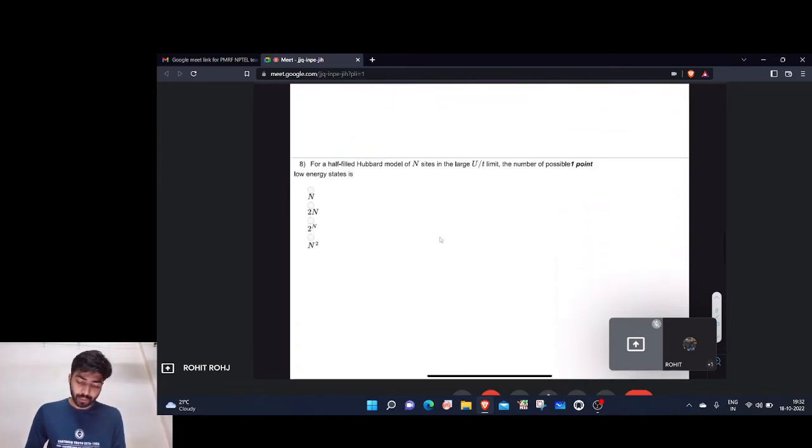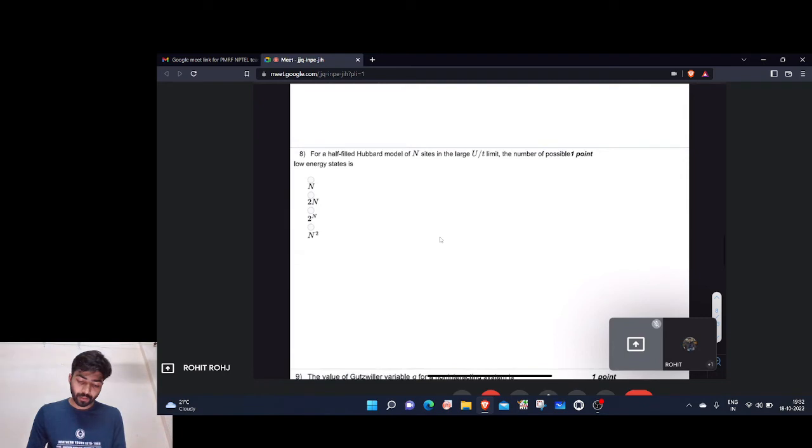Now the next question, question number 8: for a half-filled Hubbard model of n sites in the large U by T limit. Large U by T limit means there is large on-site electron repulsion, and therefore electrons will be confined to their own site. Let's say we have different sites, n in number, and for a half-filled Hubbard model every site has one electron.